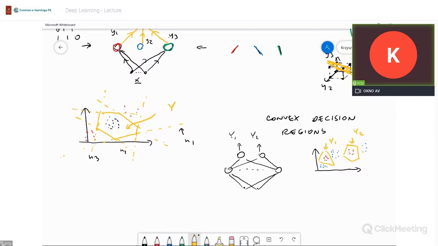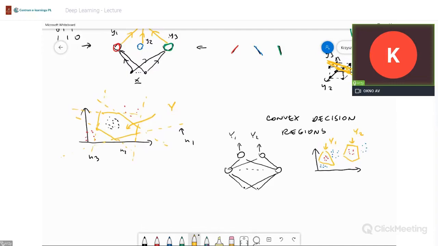So this is something already useful. Obviously, we are talking in qualitative terms. The most interesting thing will be how to actually train these neurons to build these convex regions. But we'll be talking about that in a while.